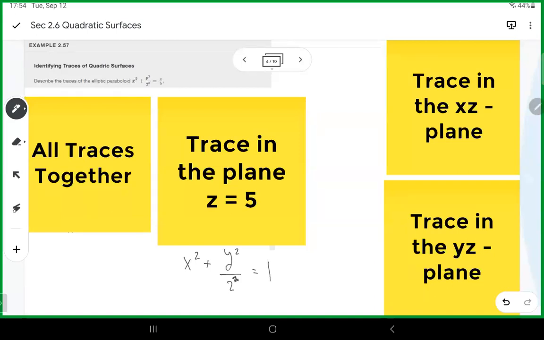And this gives us an ellipse. Okay. In the xz plane, the equation would become z equals 5x squared.